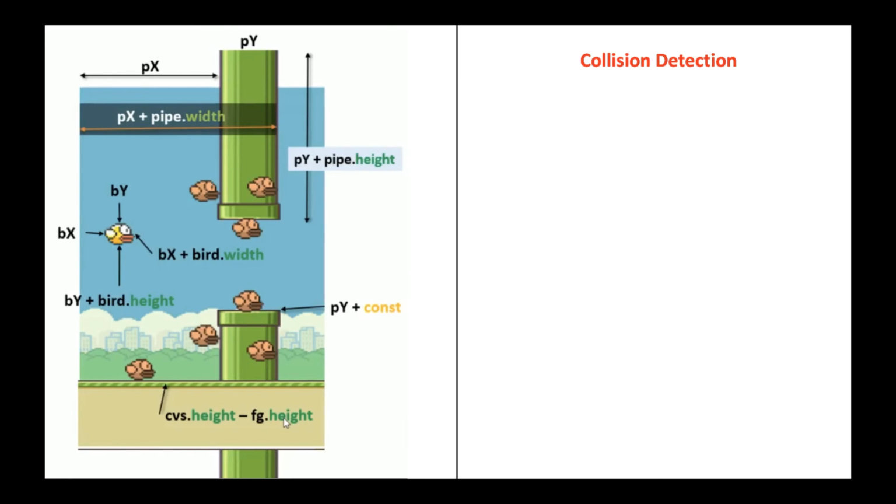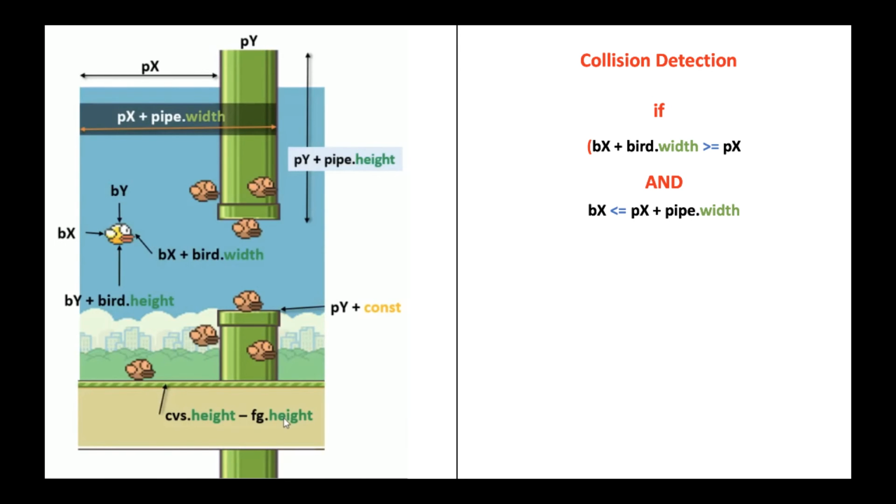With our collision detection, we're really detecting collisions in a few different spots. Our bird and the pipe can have collisions either here, where bird.x plus bird.width is colliding with the pipe, which is this condition here. It's less than pipe.x, so that means we've got a collision there.